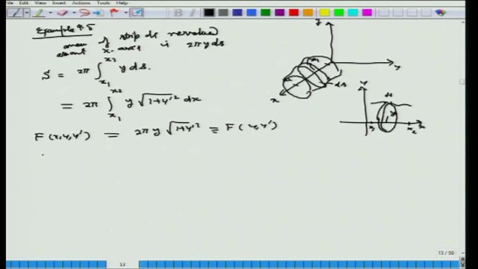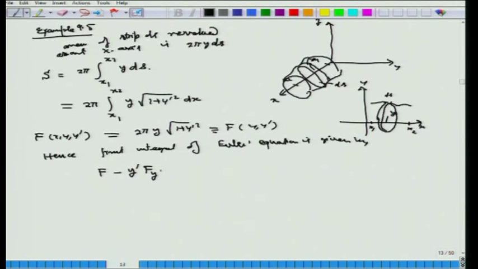So, we see that hence the first integral of Euler's equation is given by f minus y prime f_y prime equal to c1. Which gives us in this example.